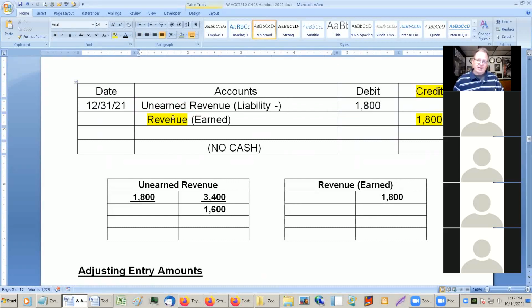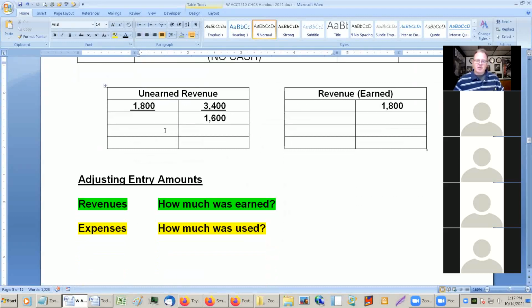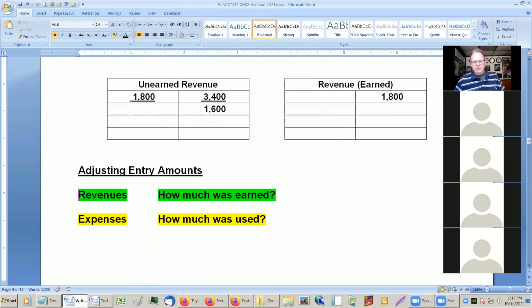It's one or the other, not both. And there's always a balance sheet account. So for revenues, how much did we earn? That will be the amount. And for expenses, how much did we use?